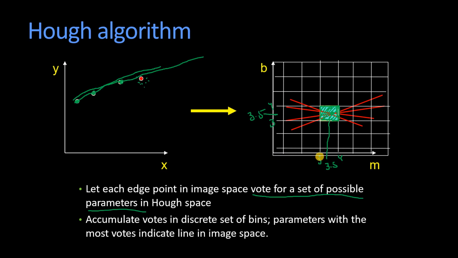Instead of having continuous values, which we can't trace, we choose discrete values: 3, 4, 5, 6. We don't consider values that come in between.